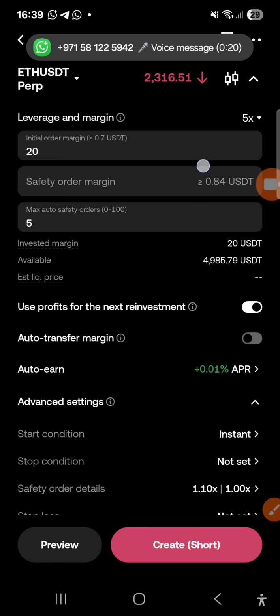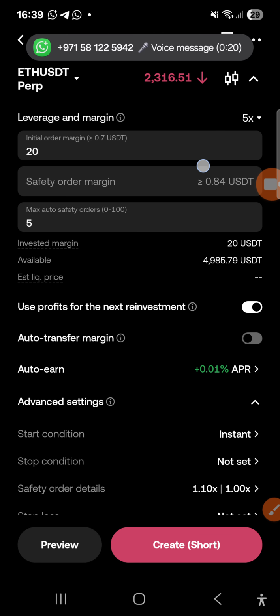Okay, price. When you click on price, you will put the price that you want the market to reach, and it starts operating. For example, I have clicked on, now it is in instant. Let me put it in price.